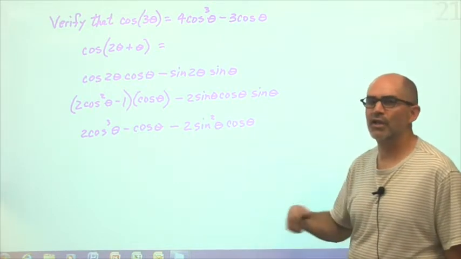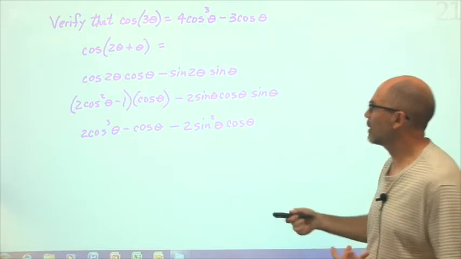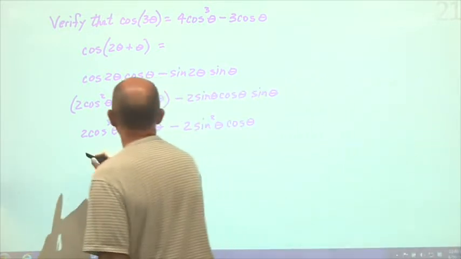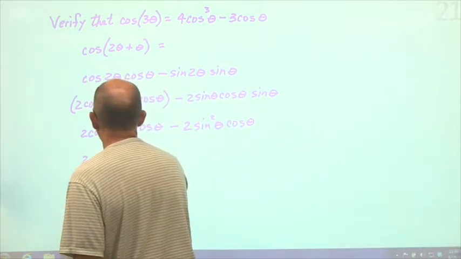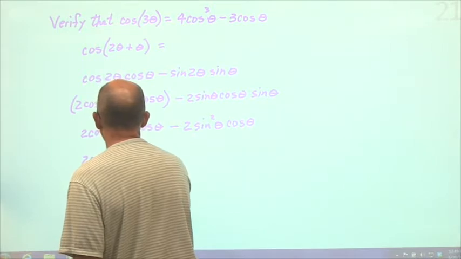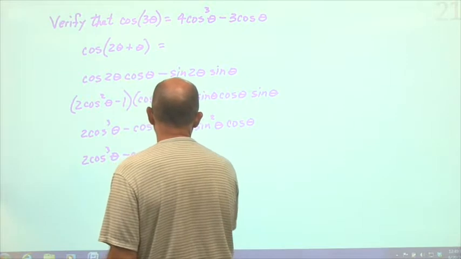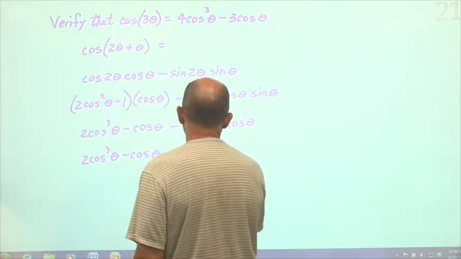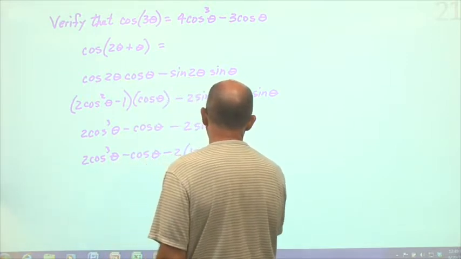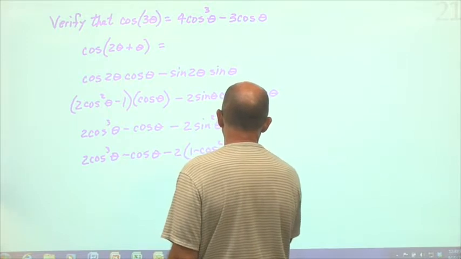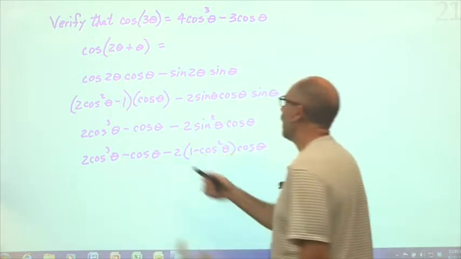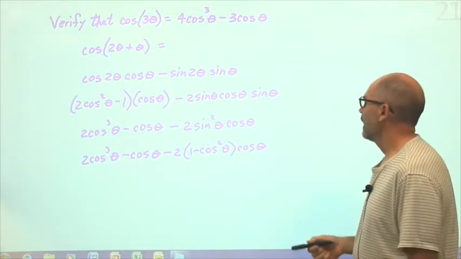So we need to turn it into 1 minus cosine squared. Okay, now I have nothing but cosines.